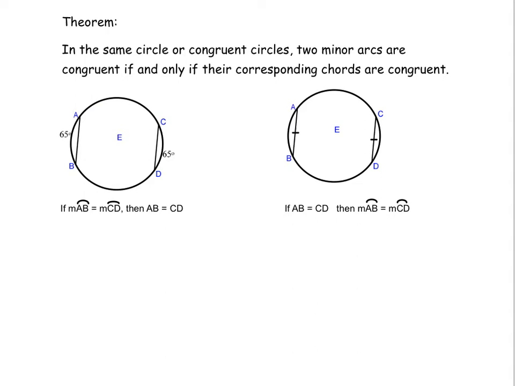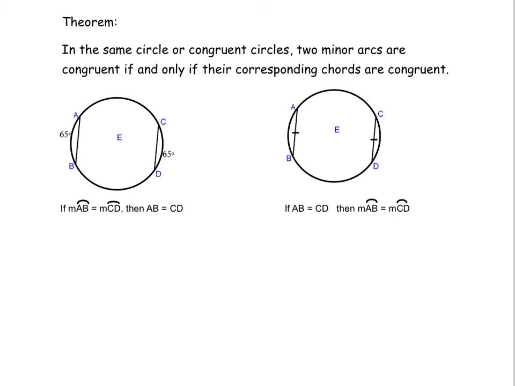So if these two arcs right here are congruent, they're both 65, and they're in the same circle, then the corresponding chords are also congruent. And if these two chords are congruent in the same circle, then their corresponding arcs are also congruent.